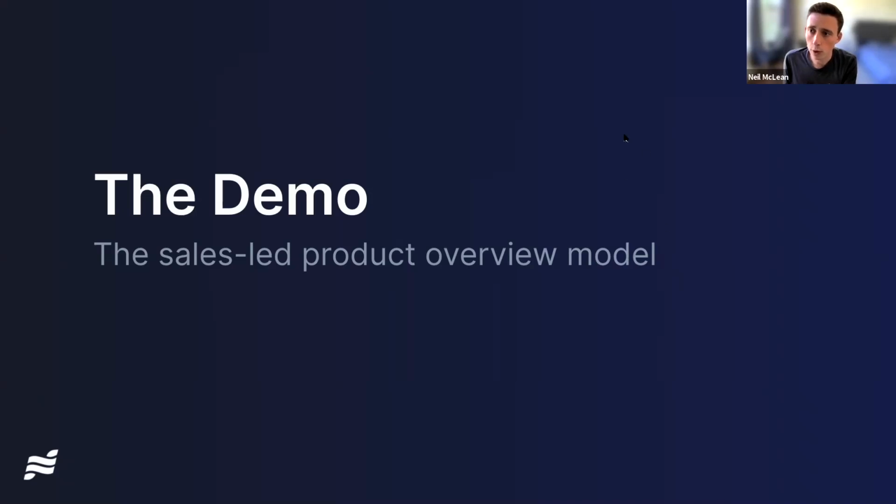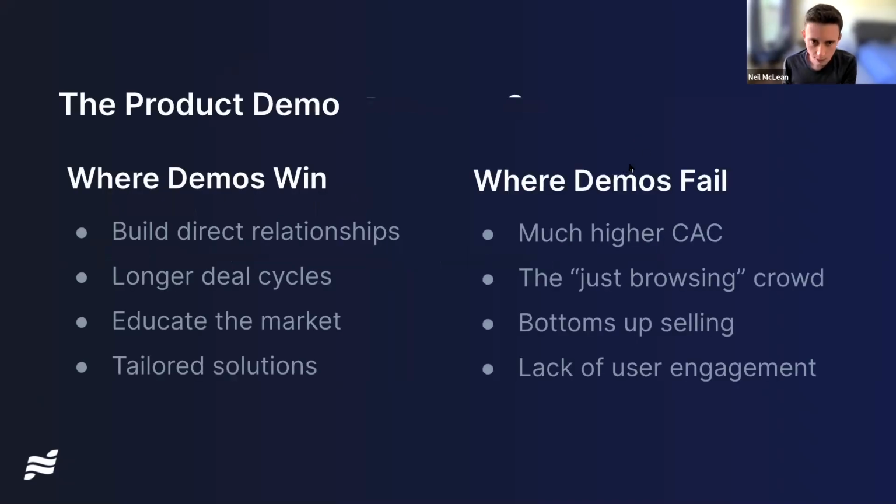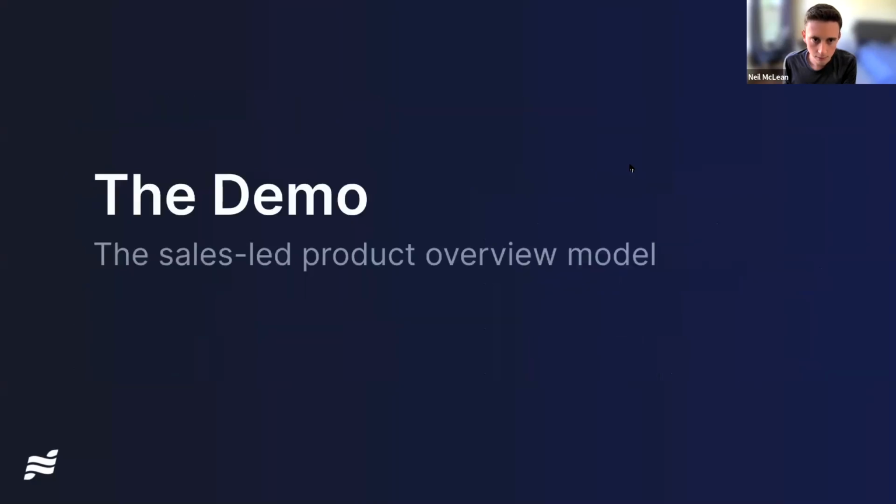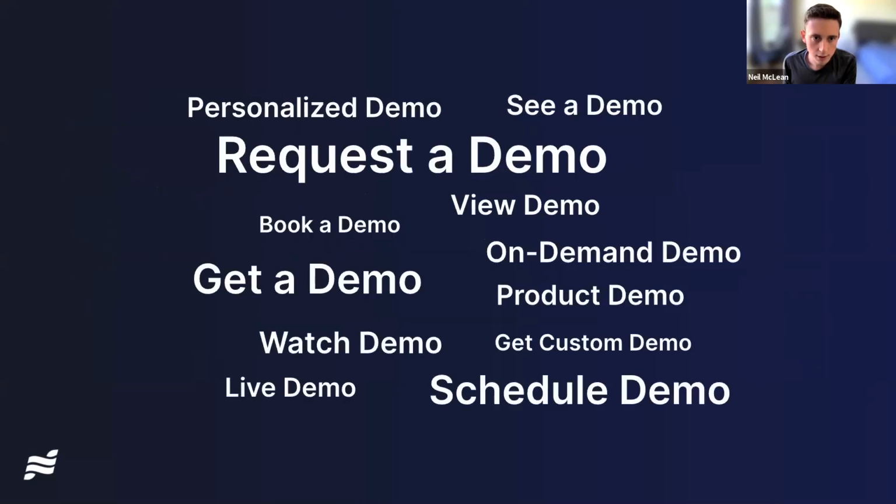So one of the things that we'll look at here is the common language or terminology that's used for showcasing the demo. And as you'll see here, as indicated by the size of the text, request a demo is by far and away the most common way to indicate that's the next step in the sales funnel. Schedule a demo and get a demo are close seconds and thirds.